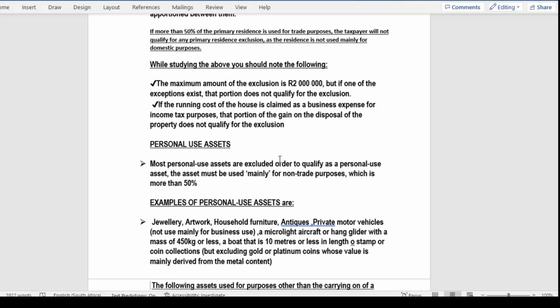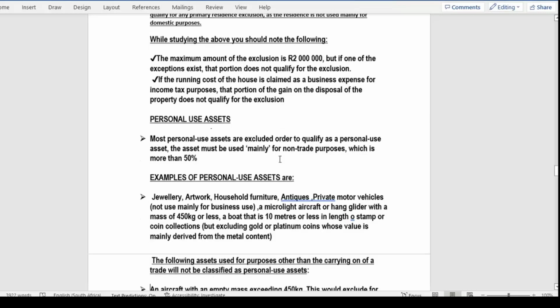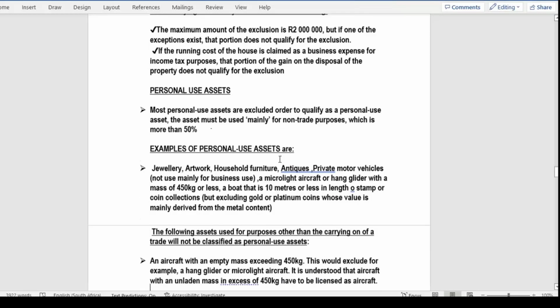Right, personal use assets. Most personal use assets are excluded. In order to qualify as a personal use asset, the asset must be used mainly for non-trade purposes, which is more than 50%.